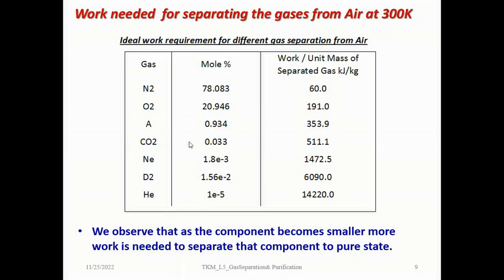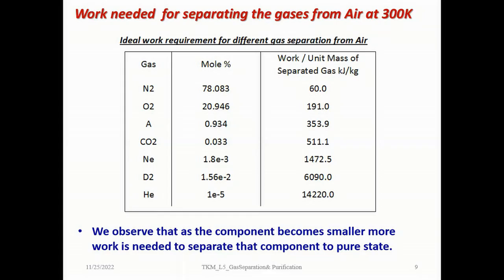Neon is very small, 1.8 times 10 to the power minus 3, and the work requirement is 1472.5. For deuterium, which is 1.56 times 10 to the power minus 2, it is 6090 kilojoules per kilogram.